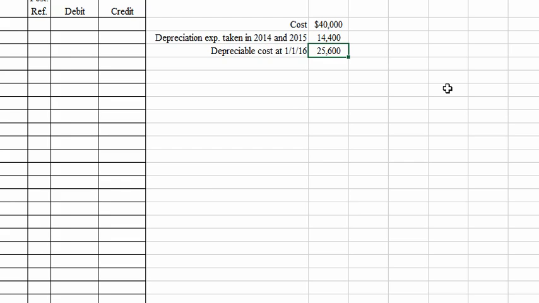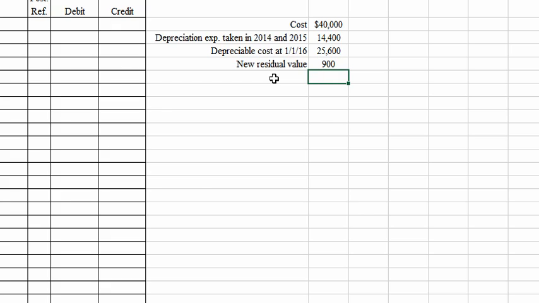Now, as we went into 2016, on January 1, 2016, the estimate of the useful life was changed to 10 years, meaning 8 more remaining. We've already depreciated it 2 years, so 8 more years in the useful life, and the estimate of the residual value was changed to 900. So our new residual value was 900.